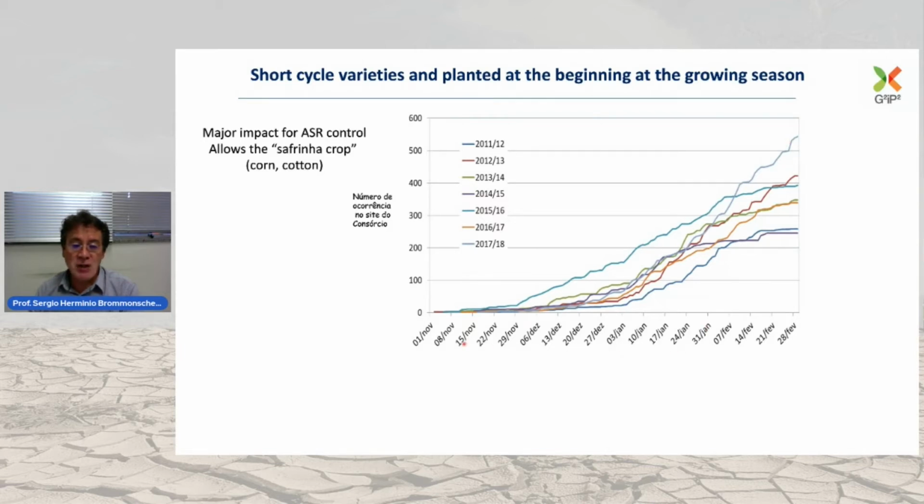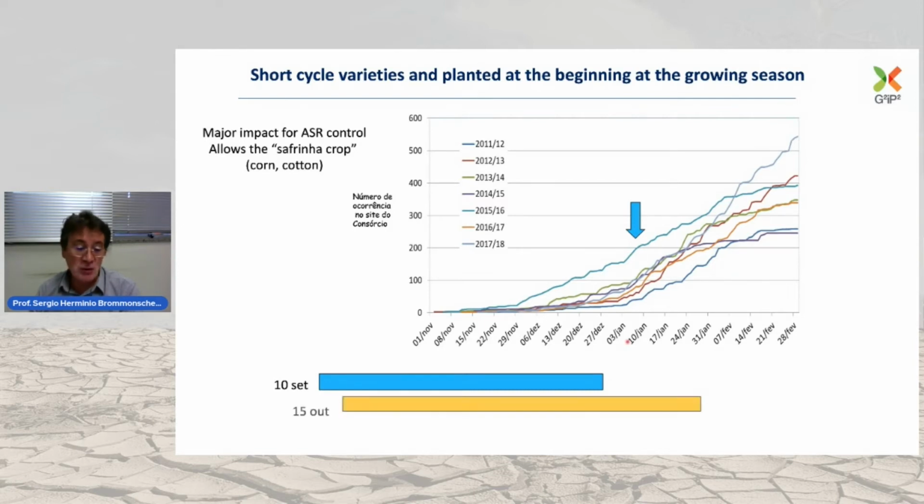If you plant a very short cycle variety, you can escape this stage here. Just to give an example, if we plant a short cycle variety in September, the 10th of September, we can have the growth development and the cycle finish before the disease becomes important.